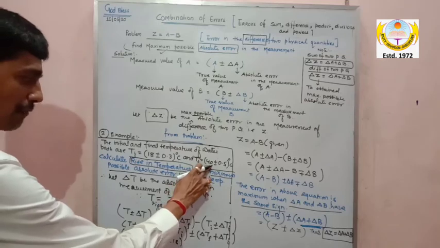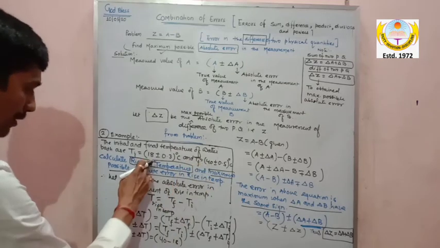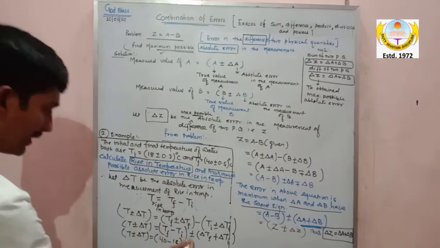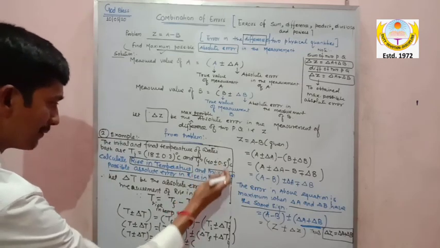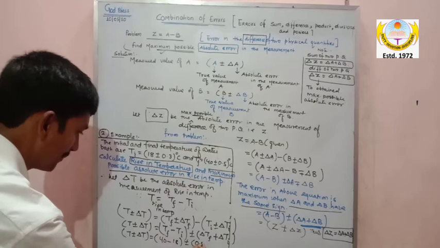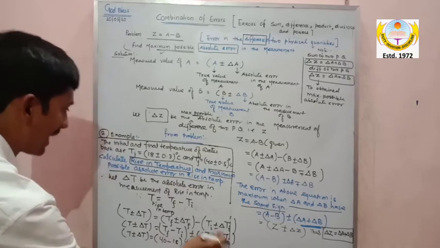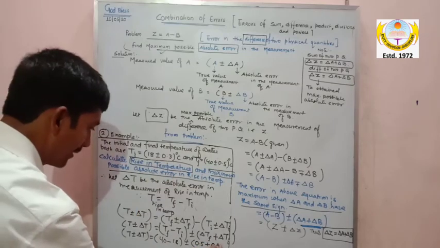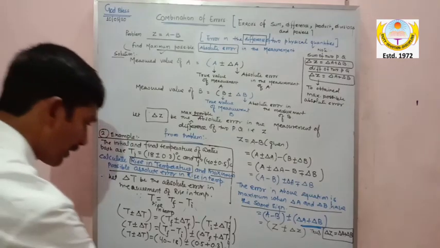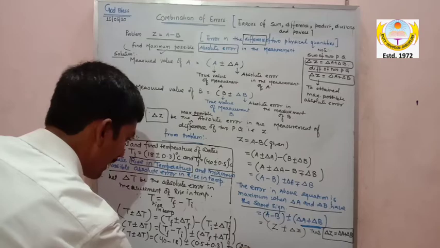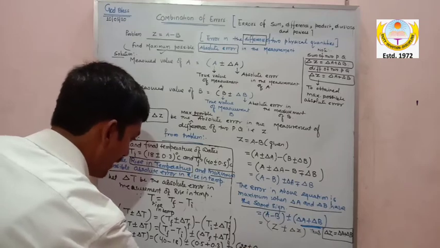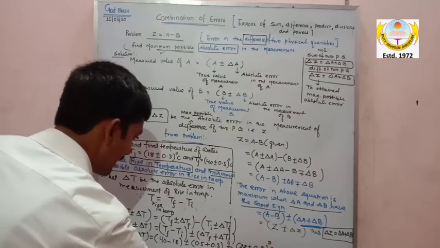That is, the true value of final temperature is 40 and the true value of initial temperature is 18. And here it is plus minus delta TF, 0.5, plus delta TI, 0.3. So the final answer for the question is 22 plus minus 0.8 degrees Celsius.